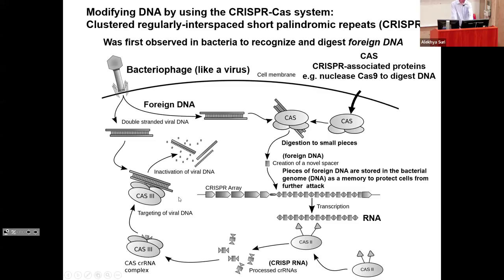And to say it maybe short, once the cell is again exposed to foreign DNA or RNA, the RNA could play a role in interference with this foreign DNA, or actually also DNA. The whole system is used as a memory to be prepared faster if these cells are exposed again to foreign DNA.